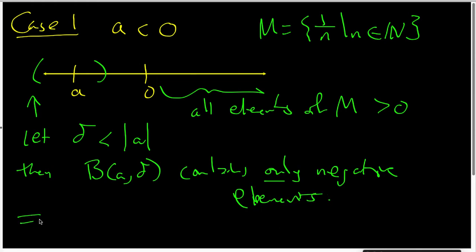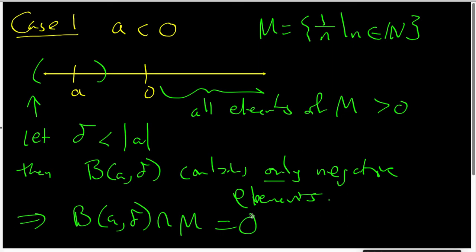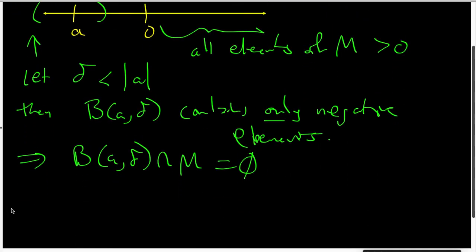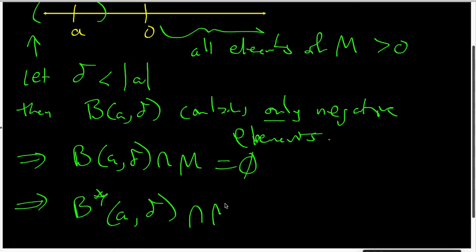And that means that the intersection of the delta ball with set M is empty. And since that intersection is empty, that will also imply that the intersection of the punctured delta ball with M is empty. So case 1 is now done.